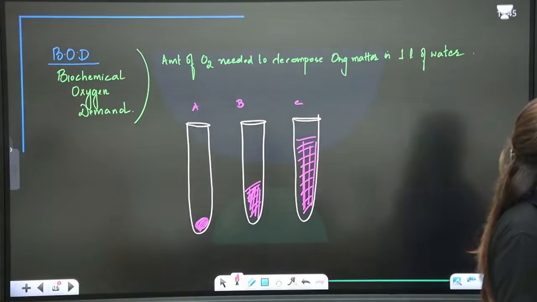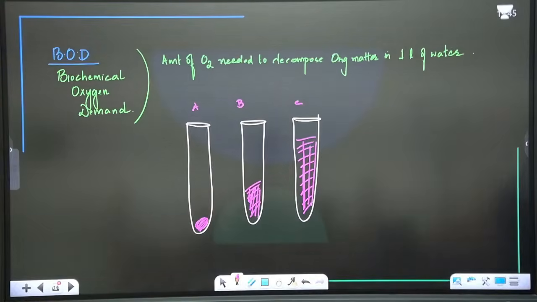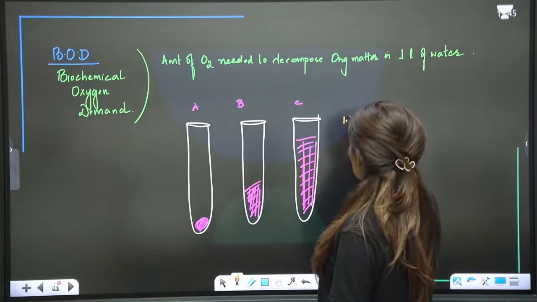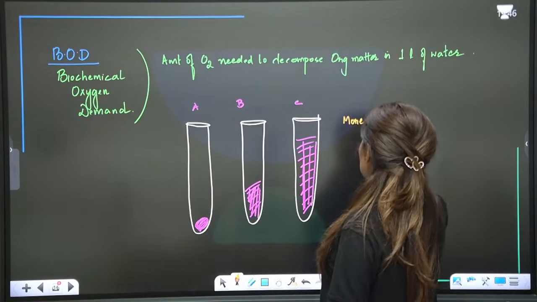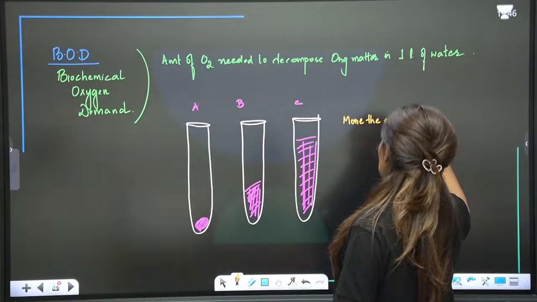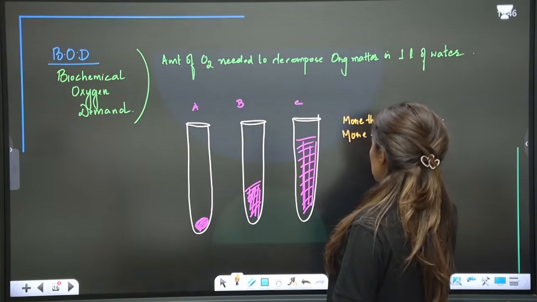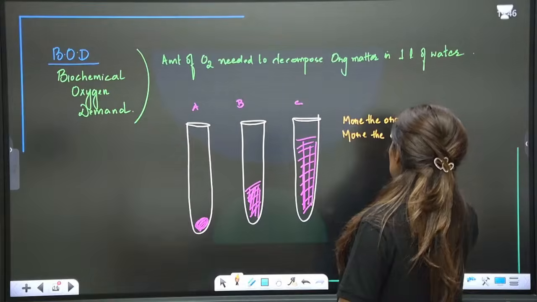Quickly let me know. Which of these is going to use more oxygen? Out of A, B and C, which one? Yes, you are right. It is the third one. So the whole point is, the more the organic matter, the more the oxygen needed.